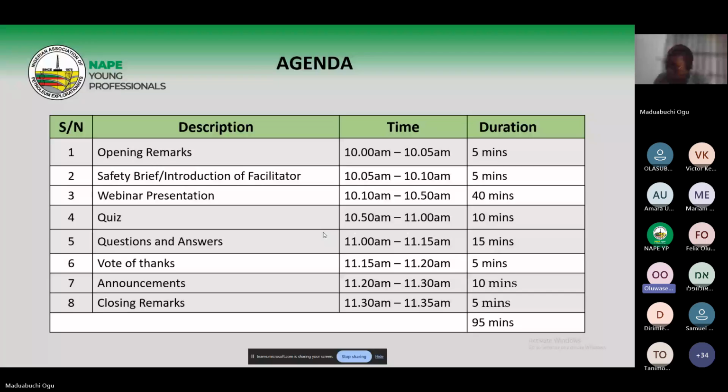You should get out your notes and your pens, because there will be a lot to learn today. I'll hand over to the head of the technical committee for NAPYP, who will give us an opening remark.